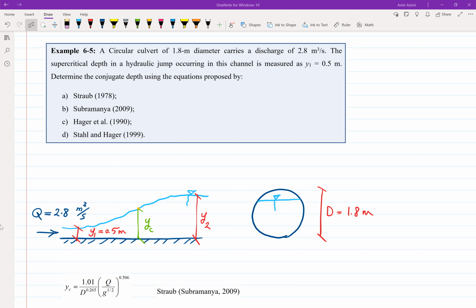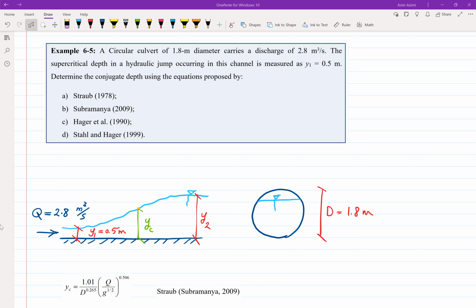First, we need to calculate the critical depth, which is a nonlinear function of discharge and the diameter of the pipe. If you insert the values, you will get YC equal to 0.816. Then we need to calculate the parameter phi, which is the relationship between critical depth and Y1. So it's YC divided by Y1 to the power of 1.93.